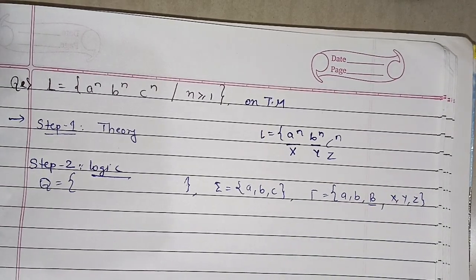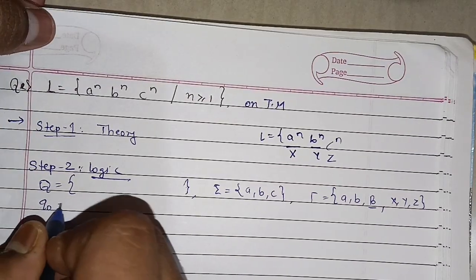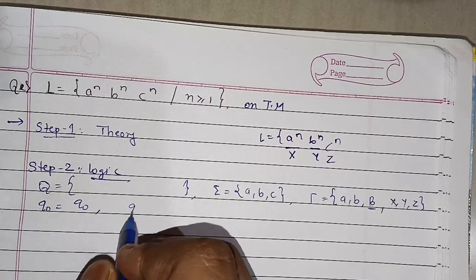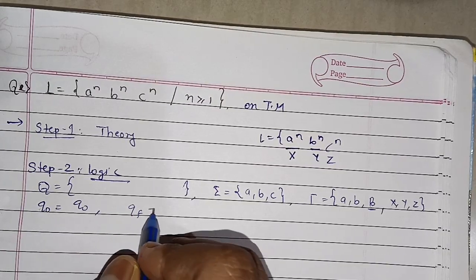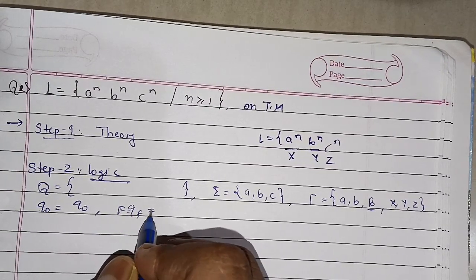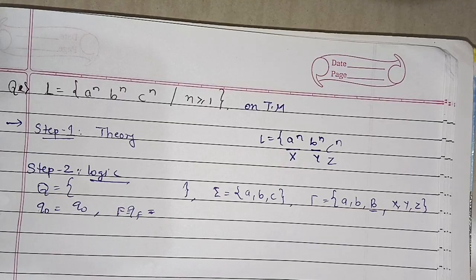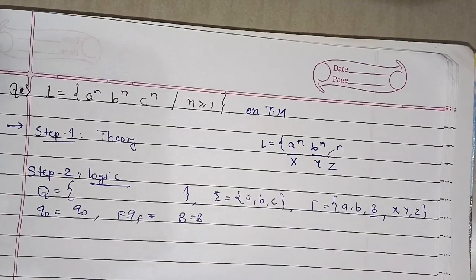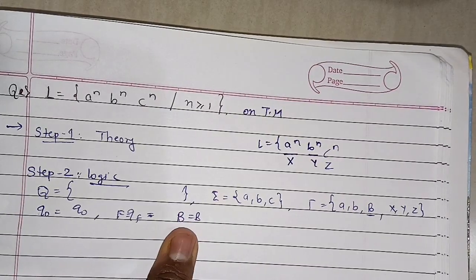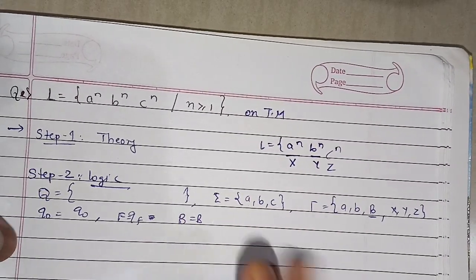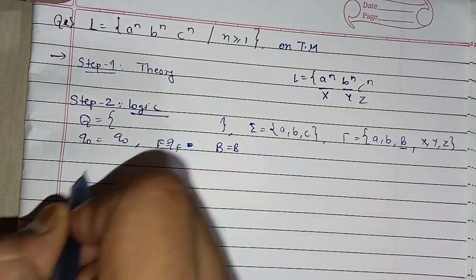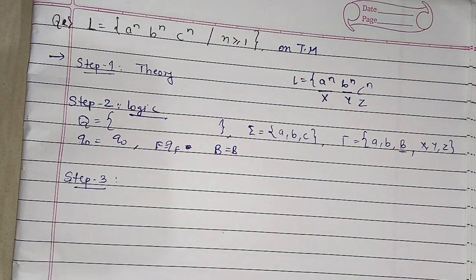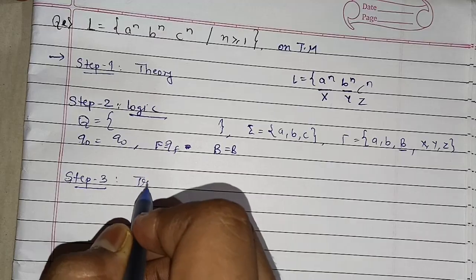And the rest you have to write: q0 is the starting state and qf is the final state, meaning F equals qf is the final state. Our capital B means we are keeping the tape blank symbol as capital B only. Now step 3: we have to draw the transition diagram.